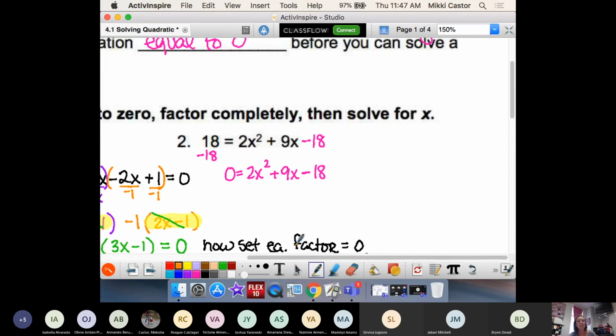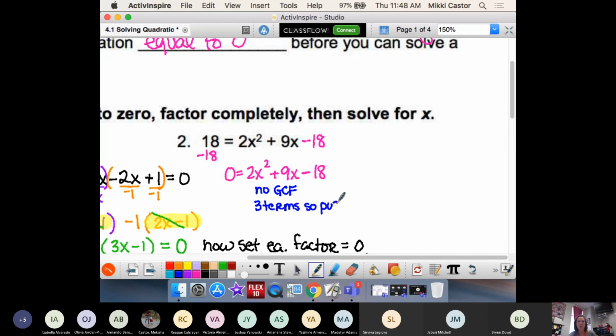Okay, so after I set it equal to 0, my next step is to factor. My first step in factoring is finding the GCF. So what do all three of these have in common? And I see no GCF on this one. There are 3 terms again.